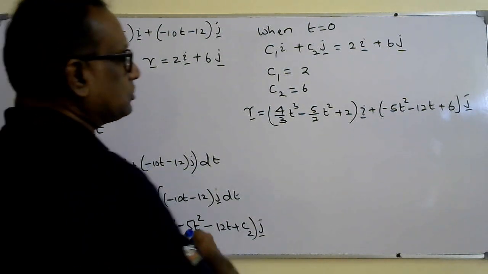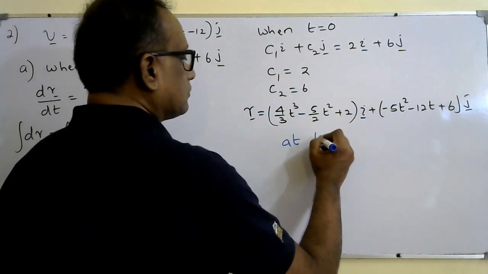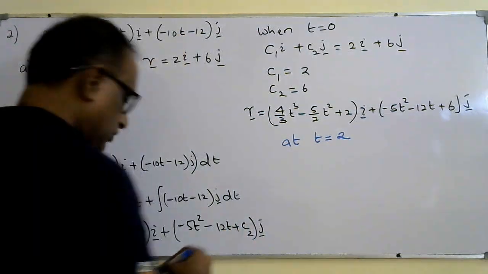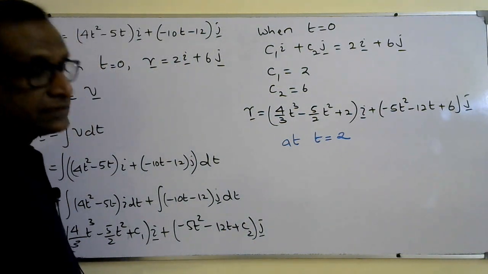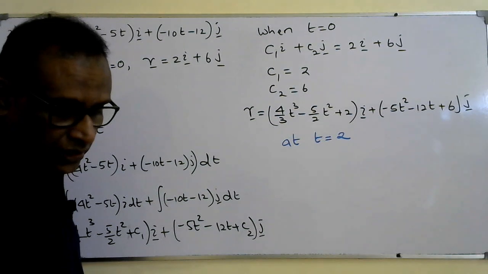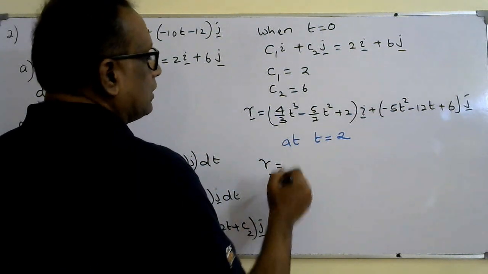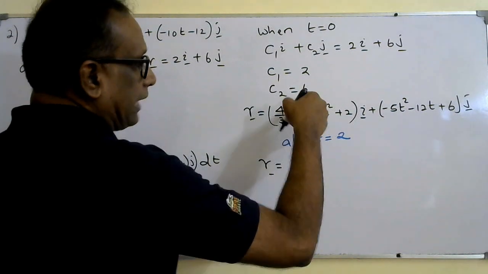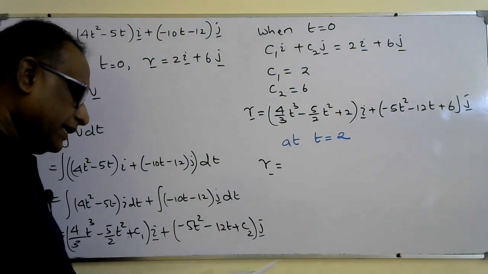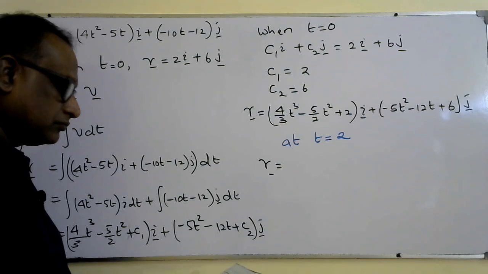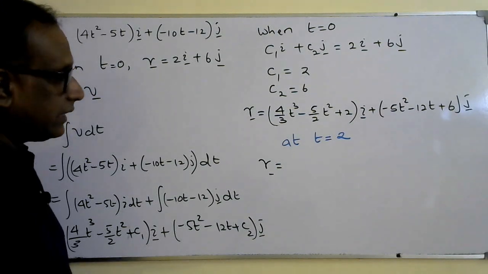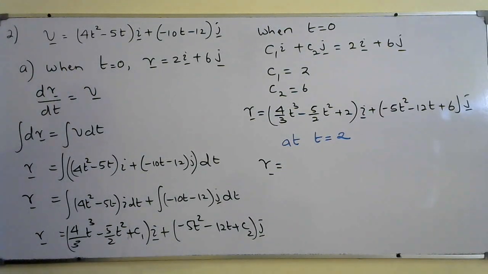So at time t equal 2, substitute t equal 2 and you will get the position vector r. So when t equal 2, r is going to be 4 by 3 into 2 to the power 3, that is 32.